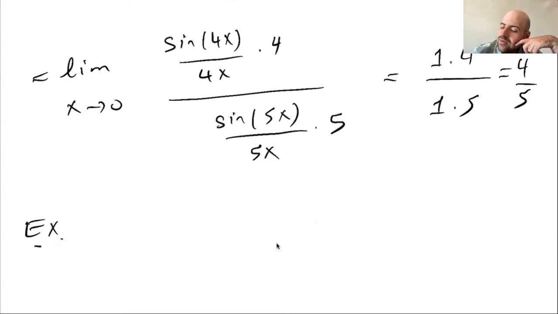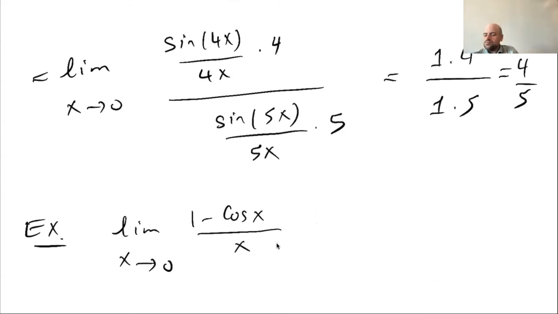Now another example, let's say if you want to find the limit of 1 minus cos x divided by x, as x approaches 0. So 1 minus cos x divided by x.